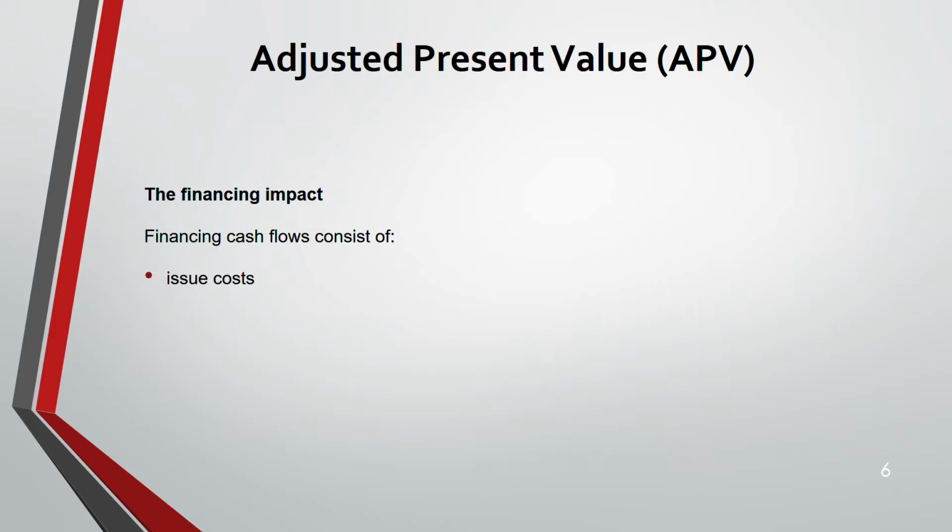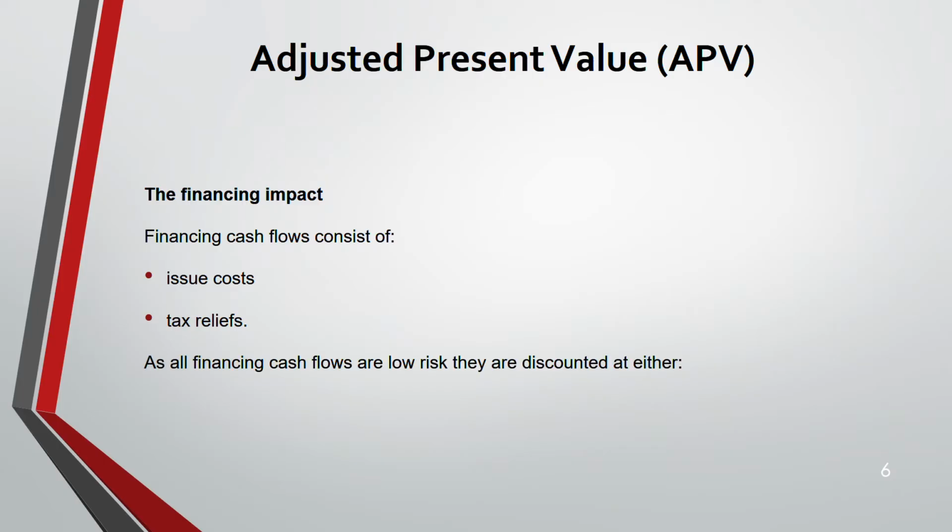When you go by debt also there are issue costs. Then we have tax relief on debt that we have to take here. These are financing cash flows. Here we are taking issue cost for equity. This is a financing cash flow. To finance we are having that cost. It is not something to do with the equity element.